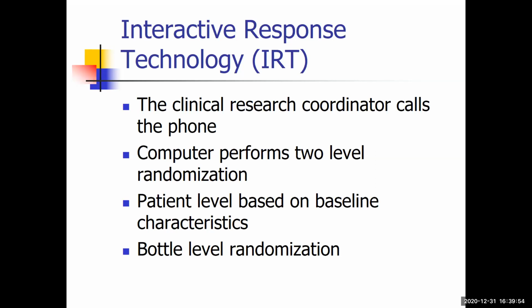So these 20 bottles go to center number 1, the next 20 bottles go to center number 2, another 20 bottles go to center number 3, and so on and so forth. And the CRO who runs IRT, the computer knows exactly which bottle has what and which bottle goes to which clinic.